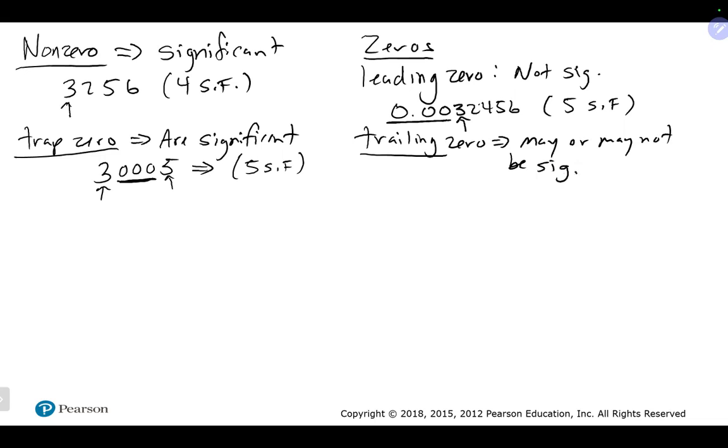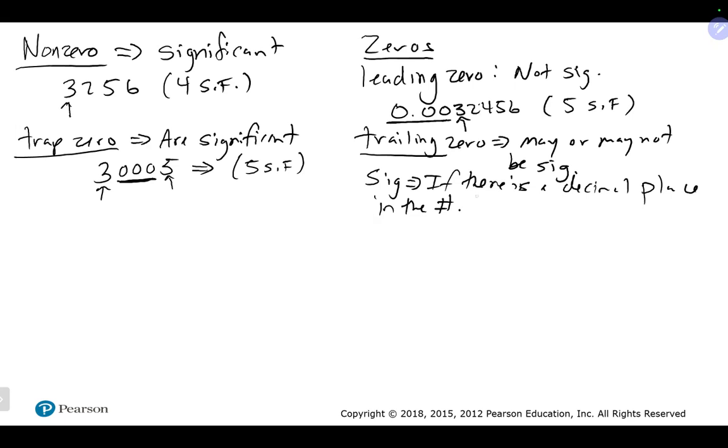And what determines whether or not the zeros at the end are significant is they will be significant if there is a decimal place in the number. So if there's a decimal point really anywhere in the number, that will make every single 0 that comes at the end significant. If there is no decimal point in the number, then it would not be significant in that particular case.